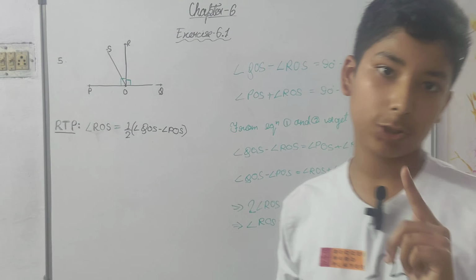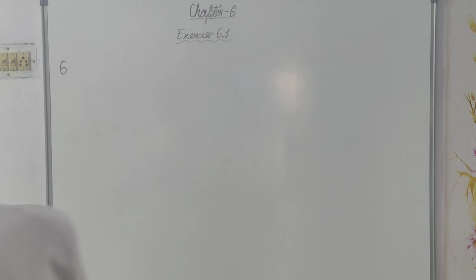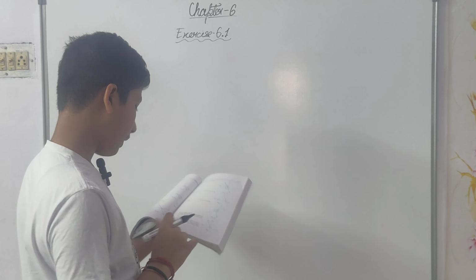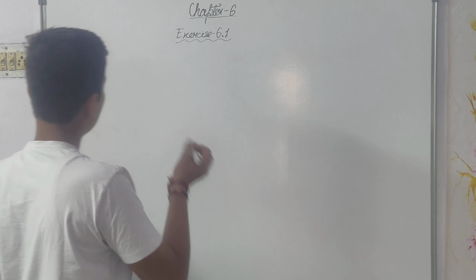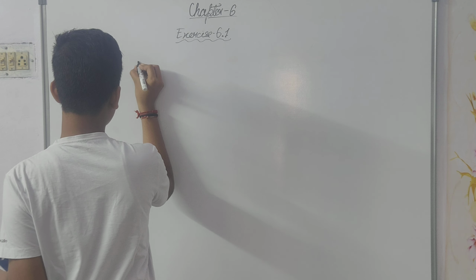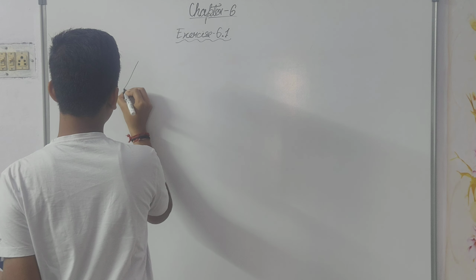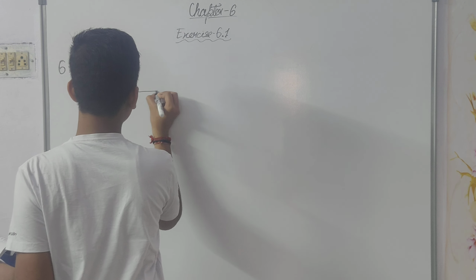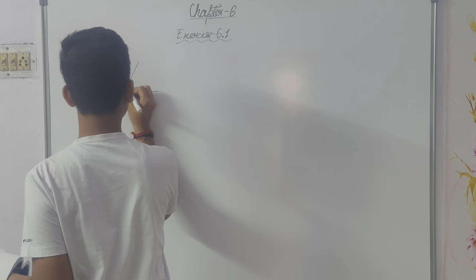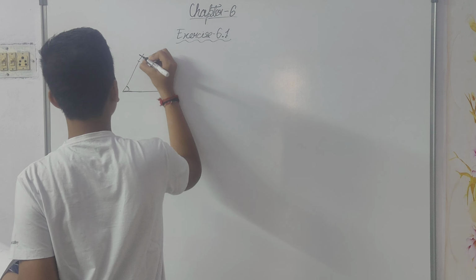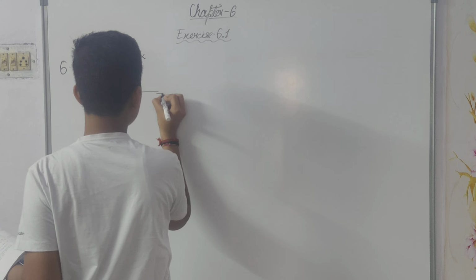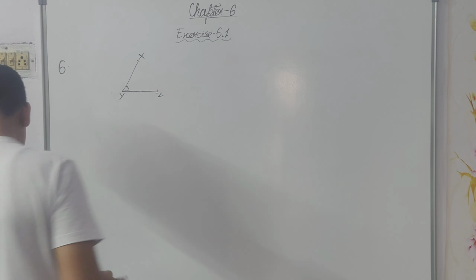Now let's come to our last question. Friends, in this question I will have to draw the figure with you. So let's see. Here it is given angle XYZ equals 64 degrees. So let's make 64 degrees. It will be approximately this much. X, Y, Z. Okay.